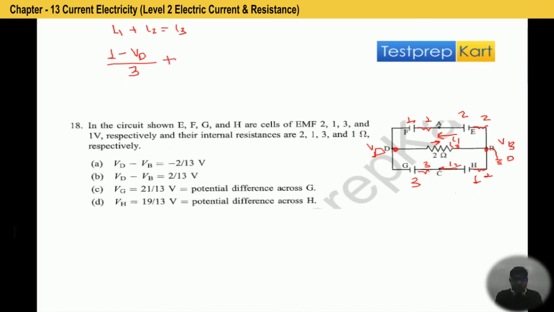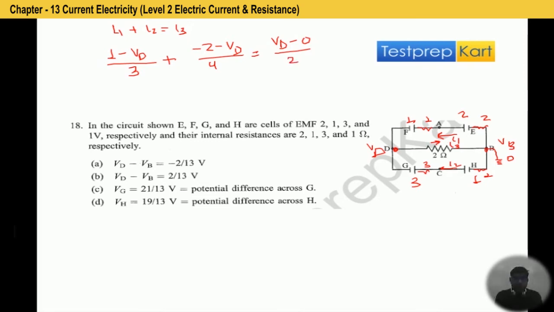Again, there are two cells connected in opposite polarity, and along the current it is 1 minus 3, that is minus 2 minus VD, divided by total resistance 4, which is equal to VD minus VB, which we can take as 0 or whatever we want. So let's take 0 here, and the resistance is 2 ohm.